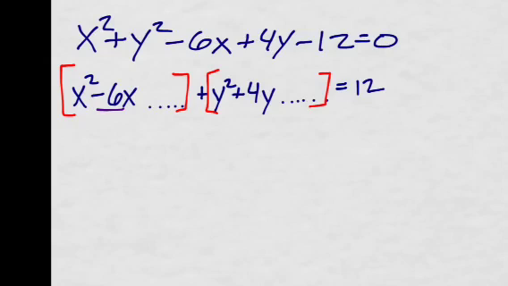So half of negative 6 is negative 3, squared is positive 9. We'll add 9 to the left side of the equation and to the right side of the equation. And we'll do the same thing with the y group there. So we have a plus 4y. Half of 4 is 2. 2 squared is 4, so plus 4 to both sides.